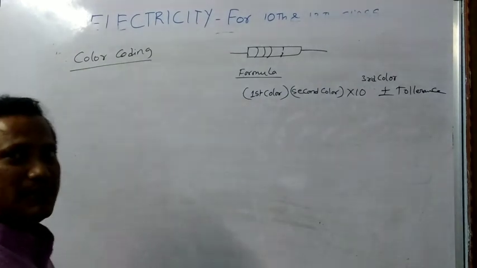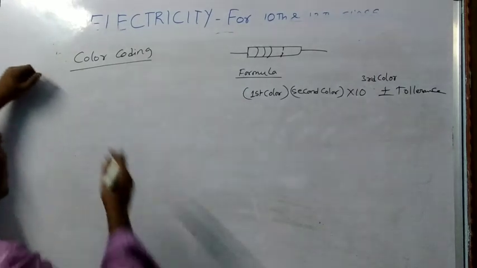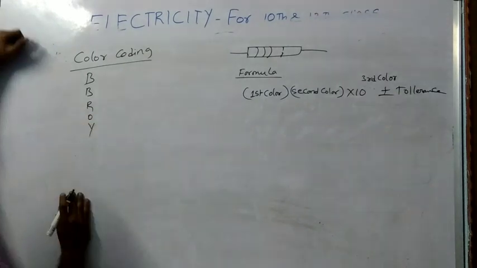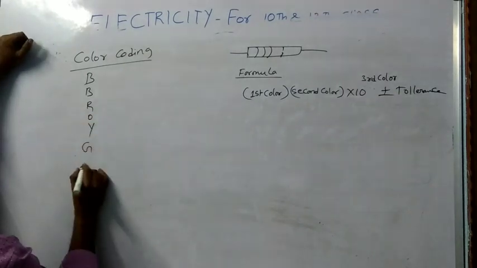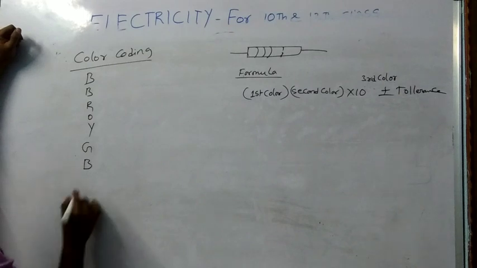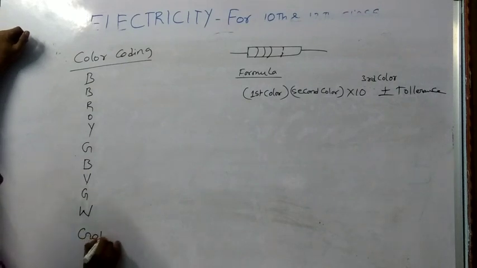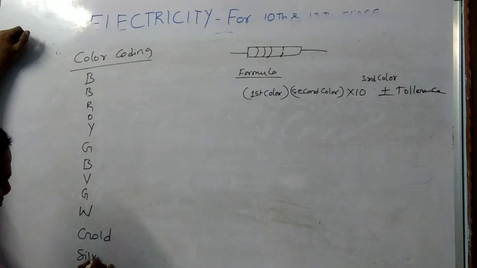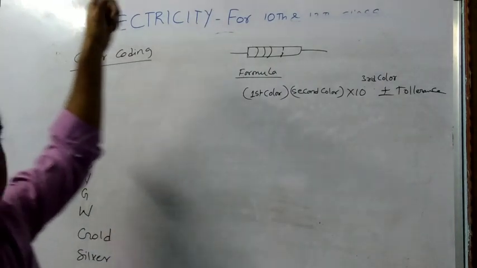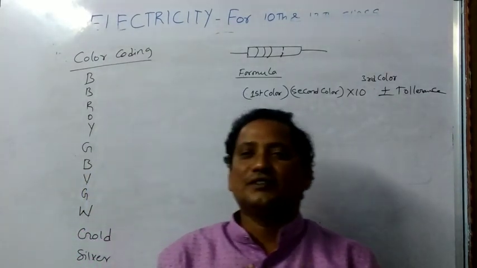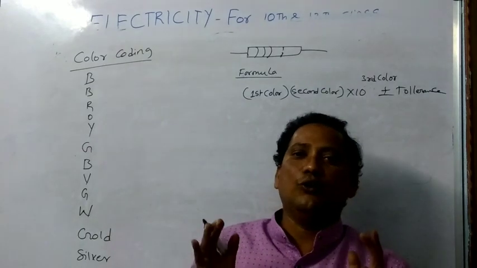For easy remembering, you can use this: B.B. Roy, Great Britain, very good wife, wearing gold silver necklace.